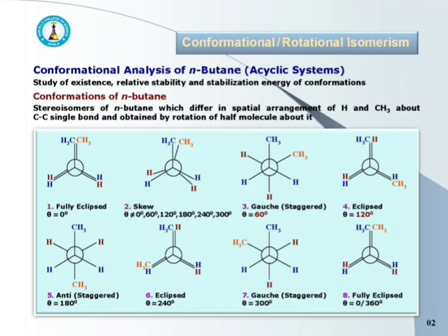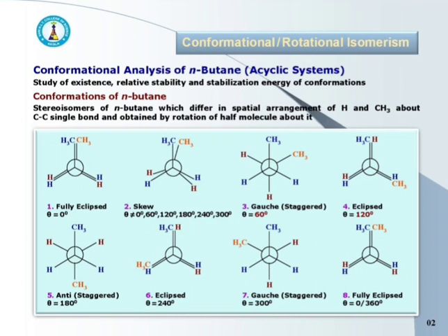Second one is the skew conformation, having a dihedral angle other than 0, 60, 120, 180, 240 or 300 degree. By rotating the half molecule, so many skew conformations are obtained, and out of that only one is shown here.